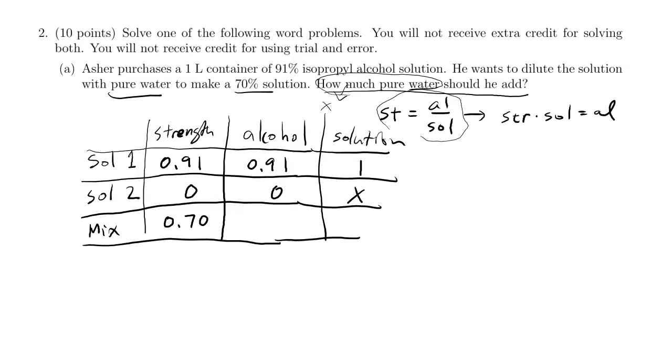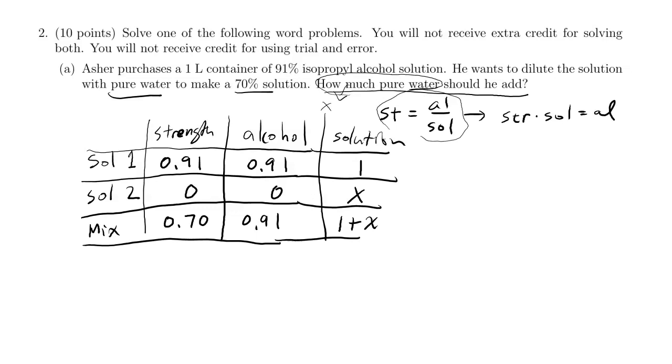So if you add, it's 0.91. And also, if you have 1 liter of fluid 1 and X liter of water, if you add them, the final amount of fluid that you get would be 1 plus X.